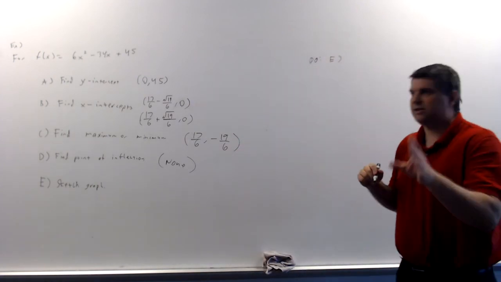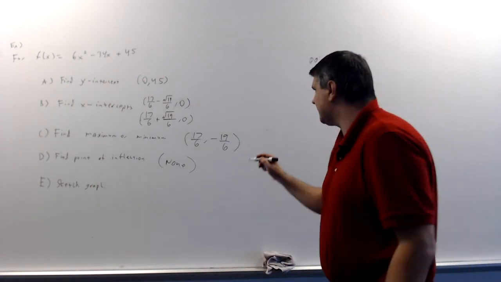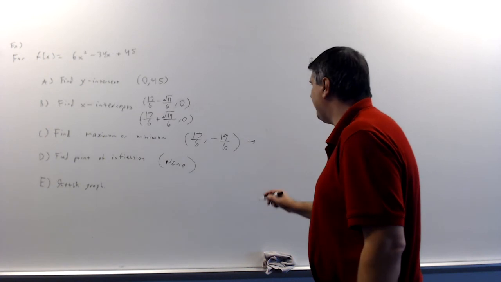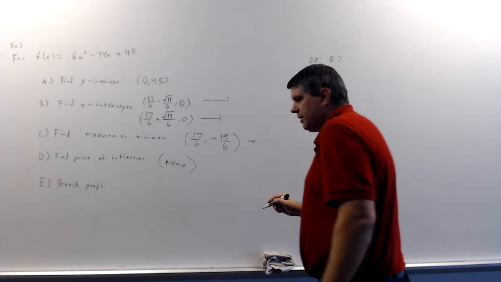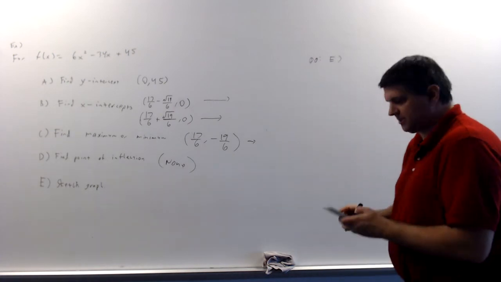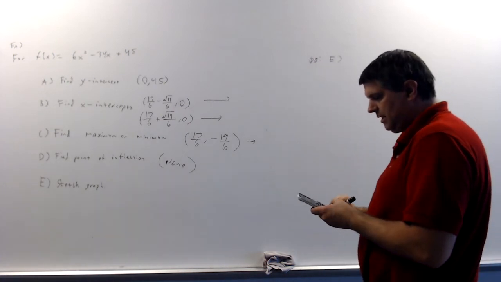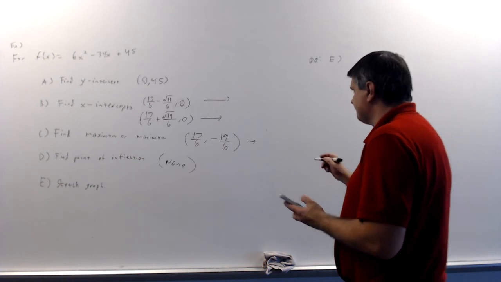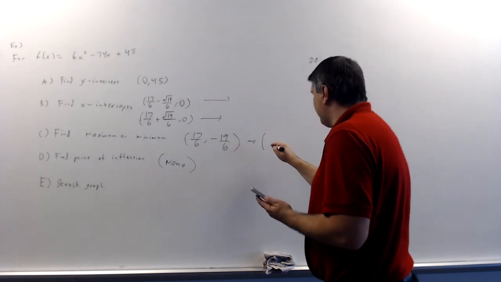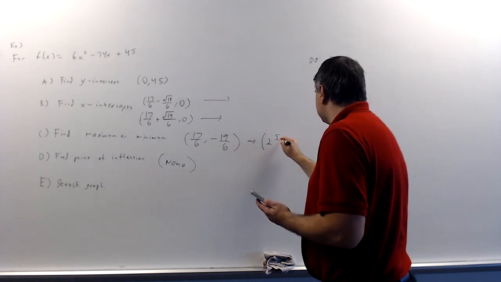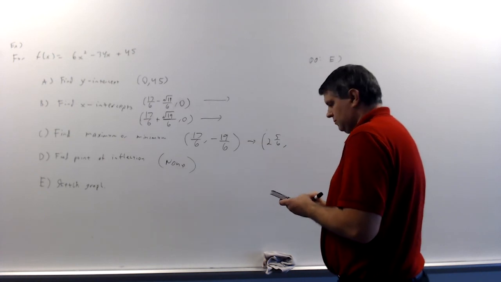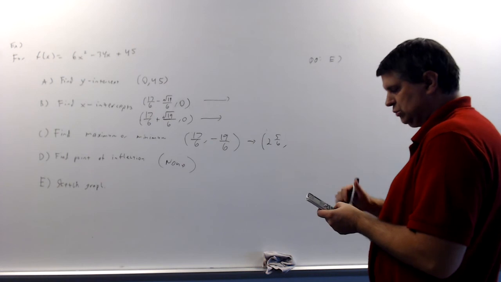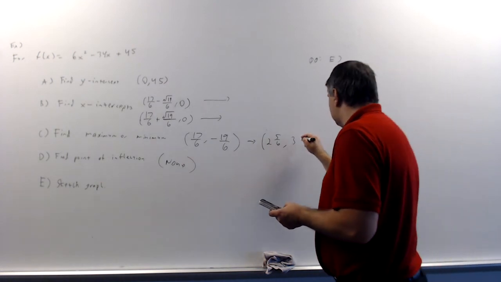Okay, so to make these useful, I propose decimal equivalents or mixed number equivalents. So this one, 17/6, is going to be 2 5/6, comma, negative 3 1/6.